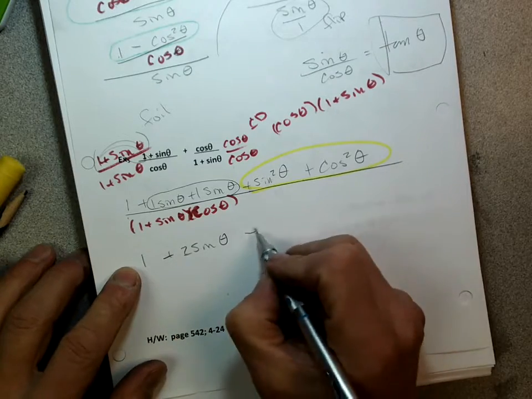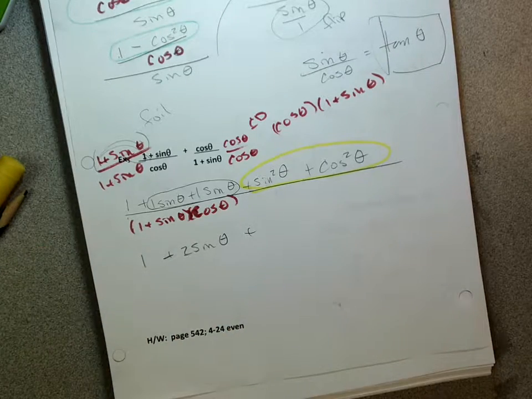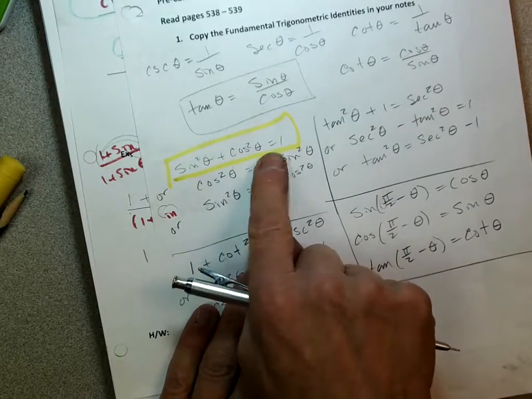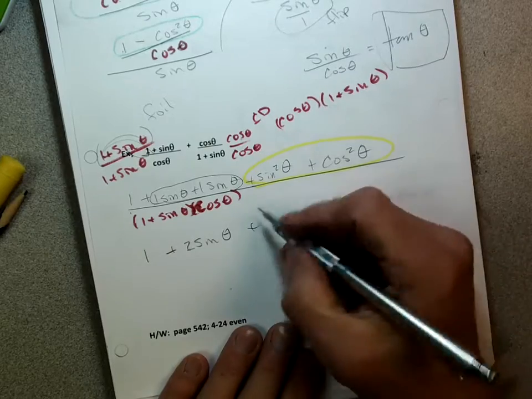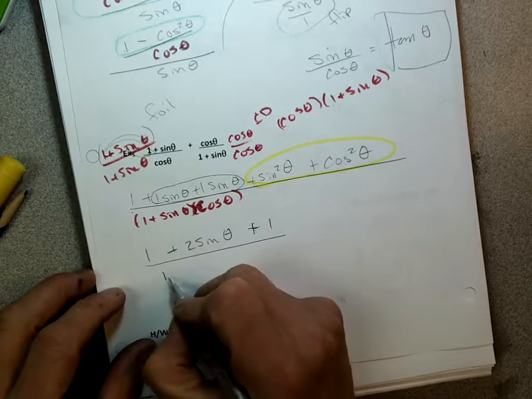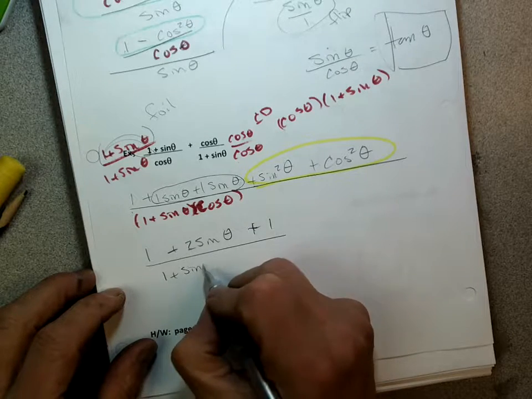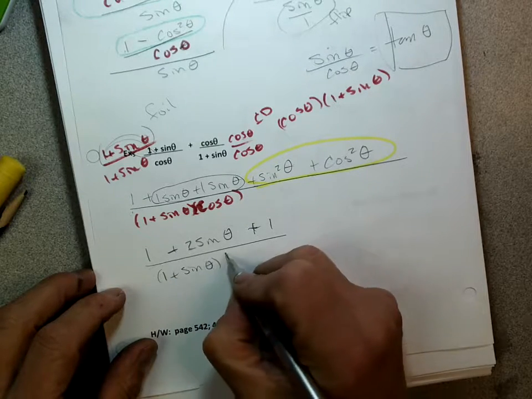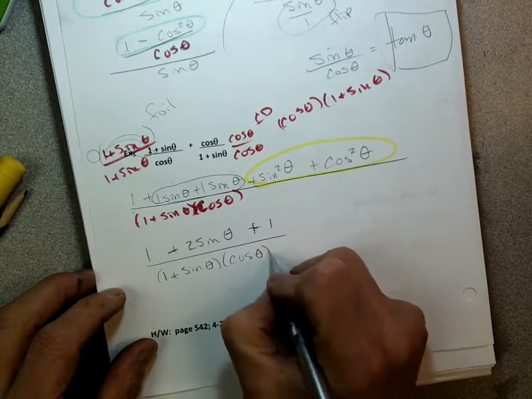Totally right. Plus what? What is sine squared plus cosine squared? Well, let me check out what my little identity sheet says. Sine squared plus cosine squared is 1, right? So instead of sine squared plus cosine squared, I'm going to write 1, okay? Over my 1 plus sine theta cosine theta. Okay, how's that?